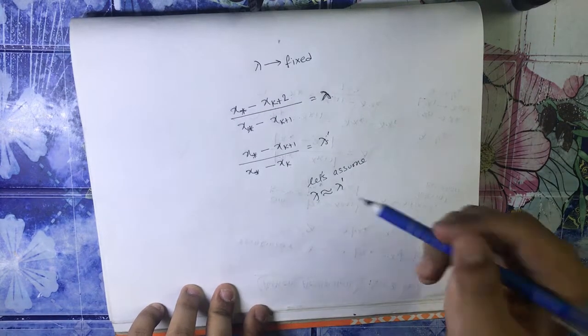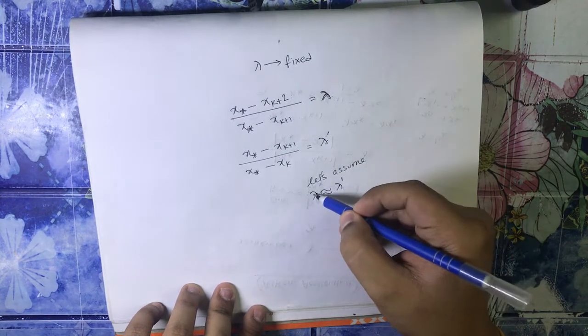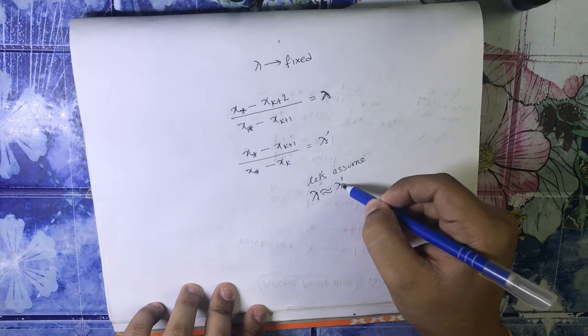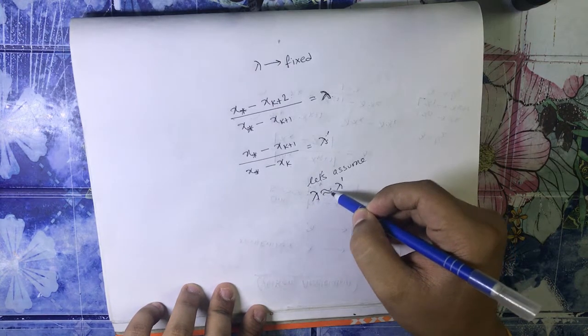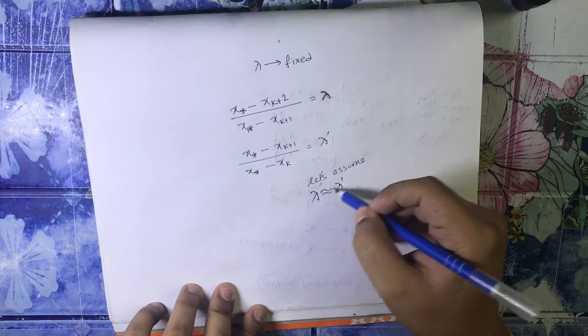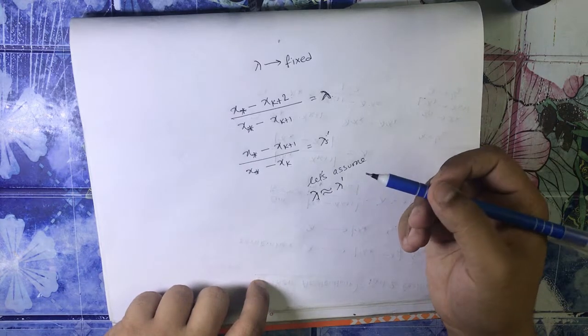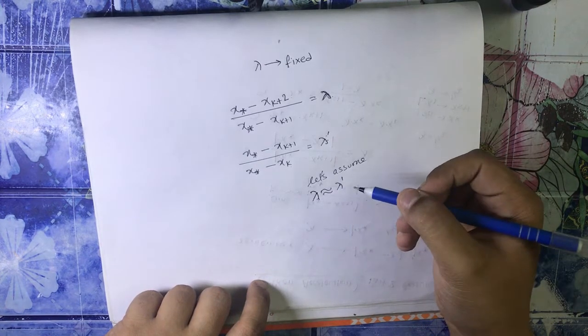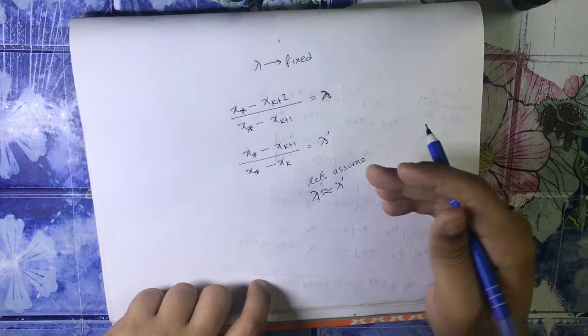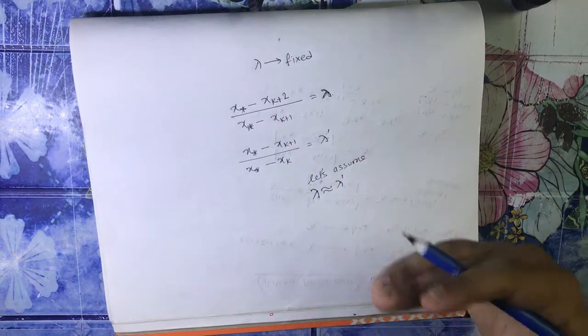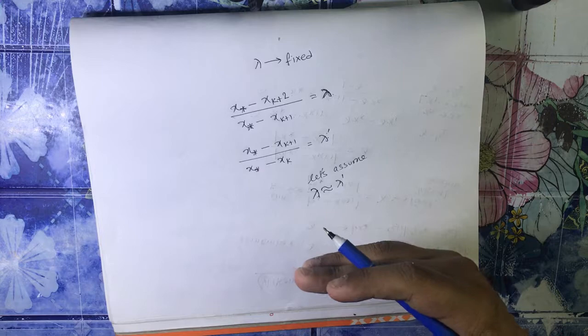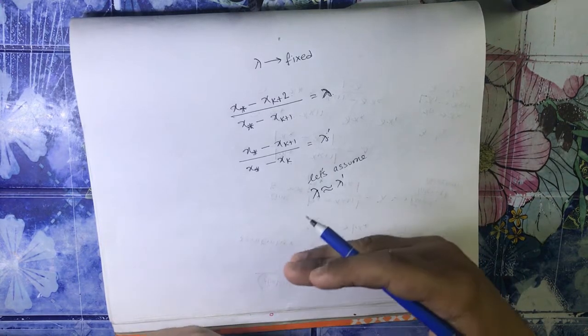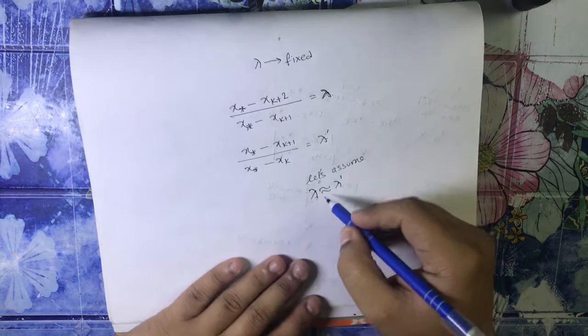All right, moving on. If we assume that my value of lambda and lambda prime are almost equal, we assume that lambda is equal to lambda prime, because in linear convergence the values of lambda and lambda prime at every single step are very close. The difference is very minimal.